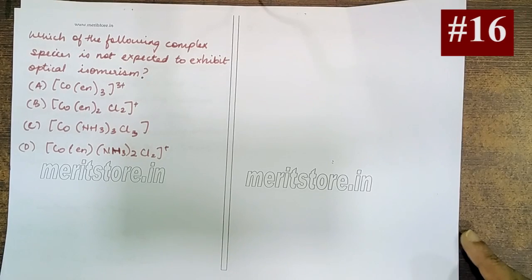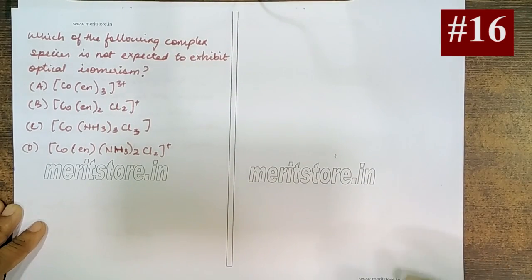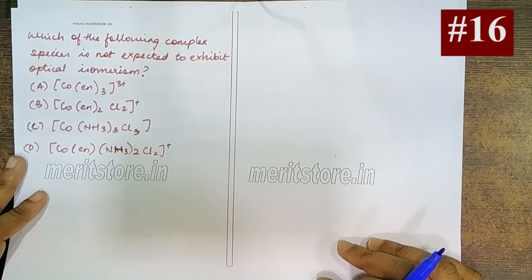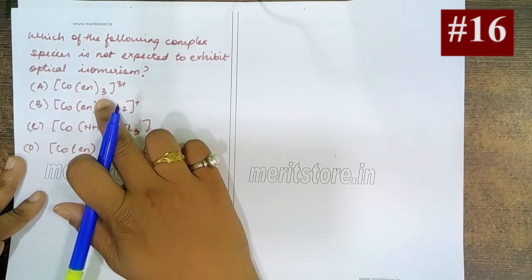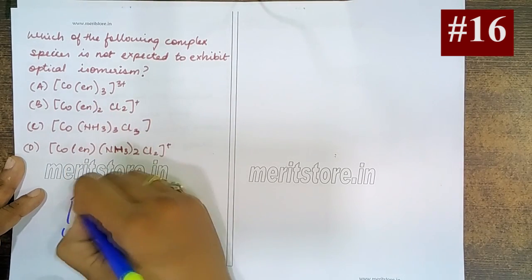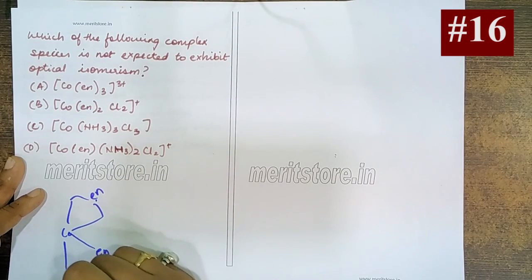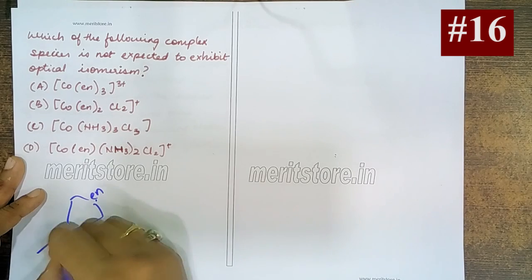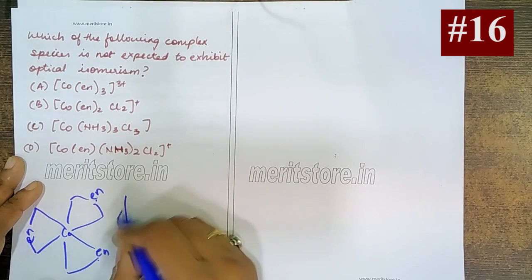Which of the following complex species is not expected to have optical isomerism? Optical isomerism will be exhibited obviously by Co(en)3, because when we talk about en, it will be like this, and we can have a mirror image of this.